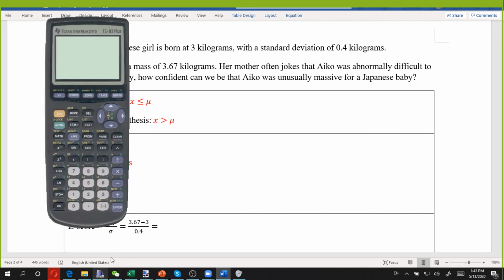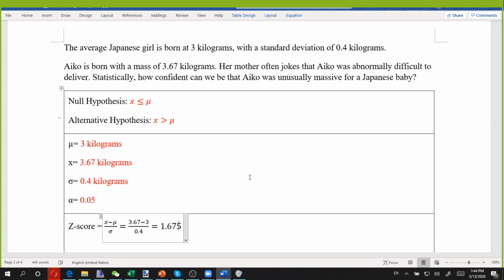That should give us our z-score of 1.675. What are our units? Kilograms? Not kilograms in this case.